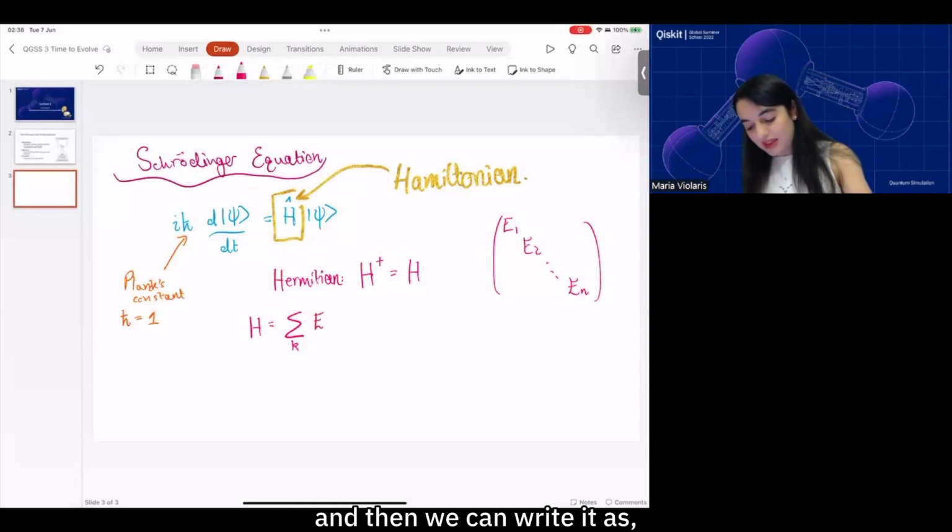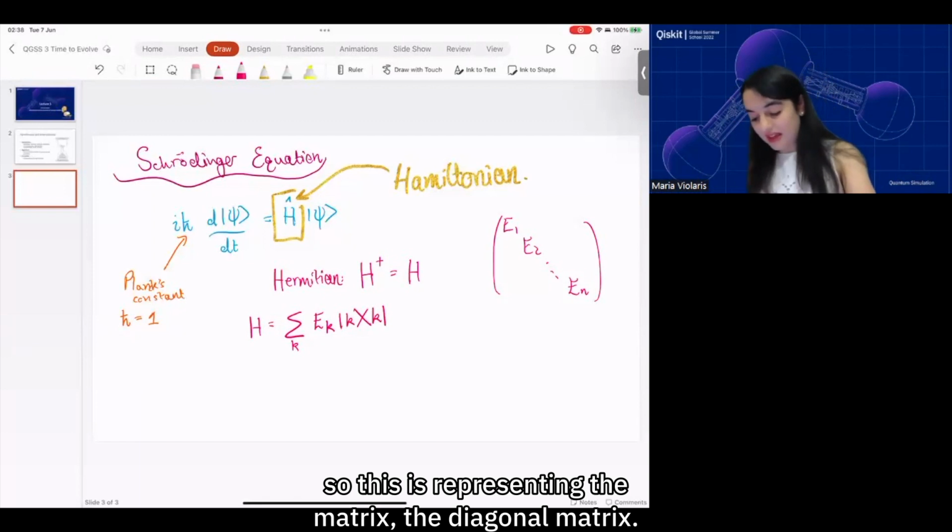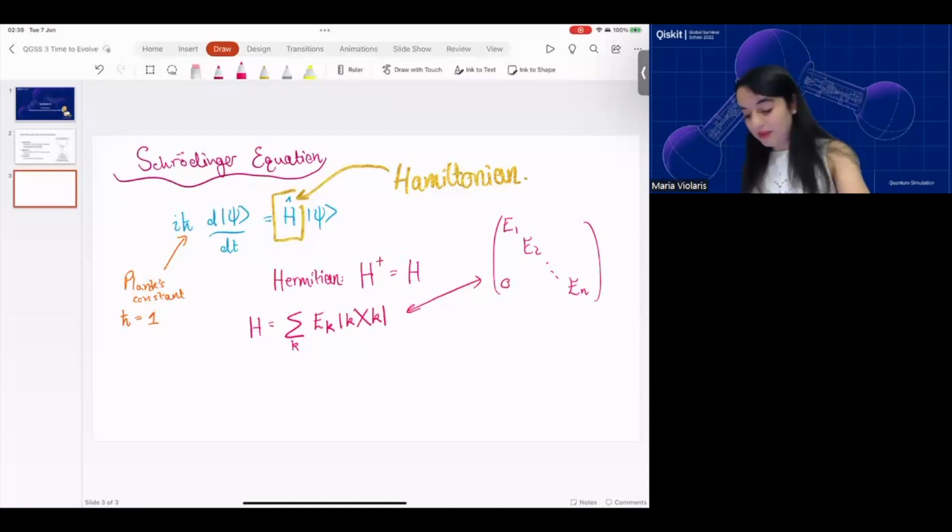And then we can write the Hamiltonian in this way. So this is representing the diagonal matrix.